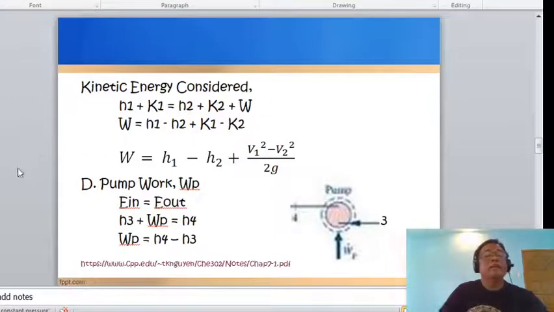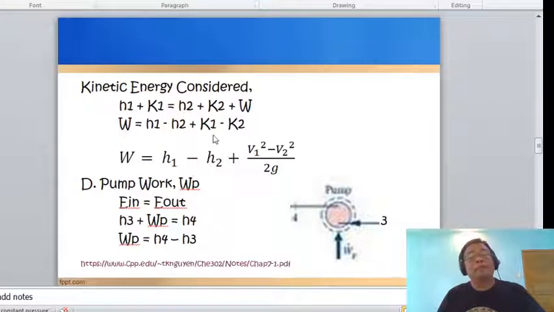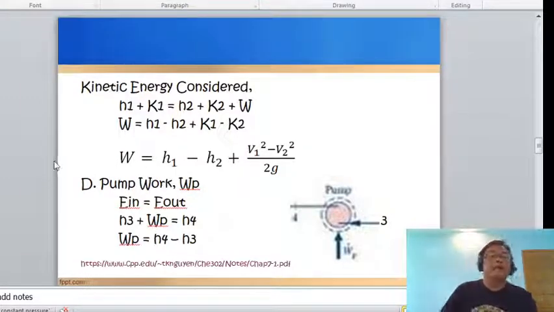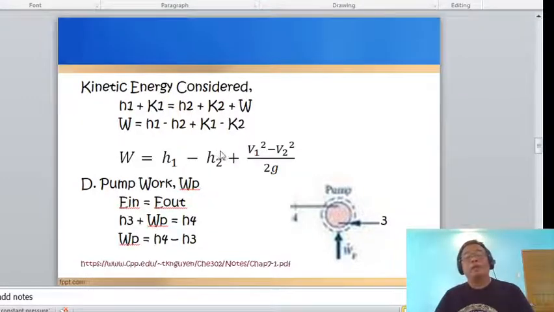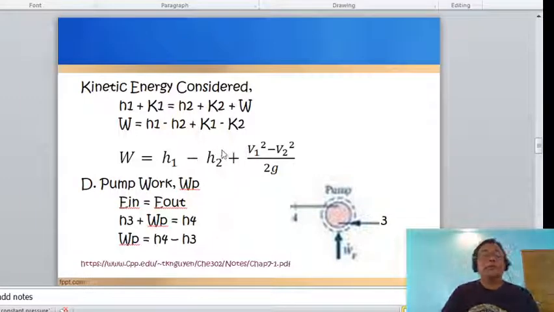Another, we have here the pump work. Take note that if the pump is equipped in the system, the process inside the pump is isentropic. But if it is detached or isolated from the system, the process is again constant pressure. Energy entering equals energy leaving. So what is H sub 3? H sub 3 is obtained from the enthalpy of the liquid at back pressure or condenser pressure.